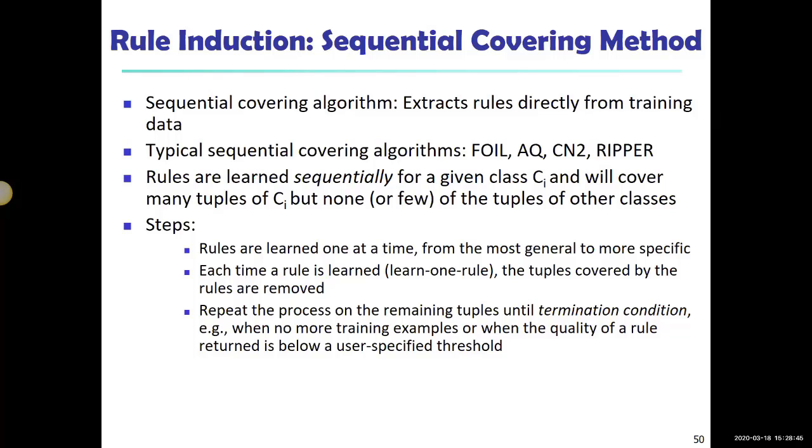We repeat this process until some termination conditions are met. For example, there's no more training example, or we can no longer learn a rule with certain coverage and accuracy. At that time, we will stop. So the rules that we learned become this set of the rule-based system.